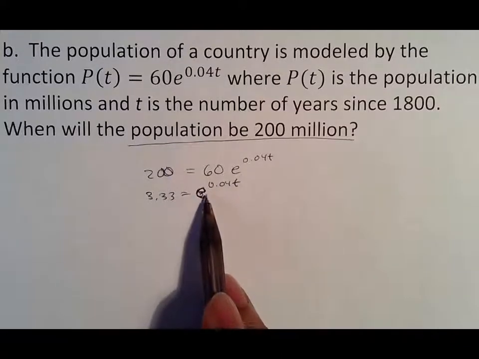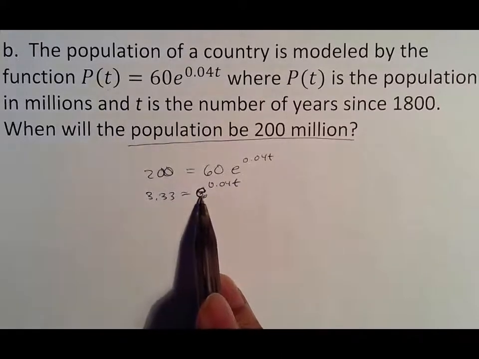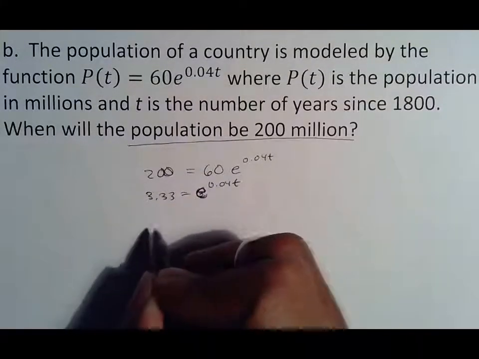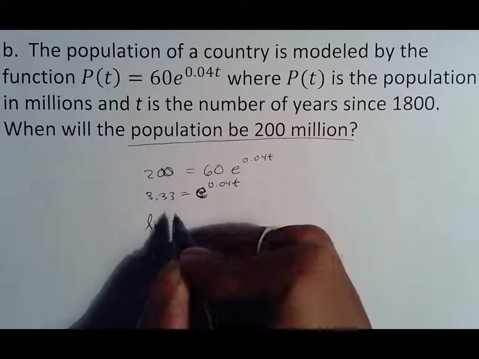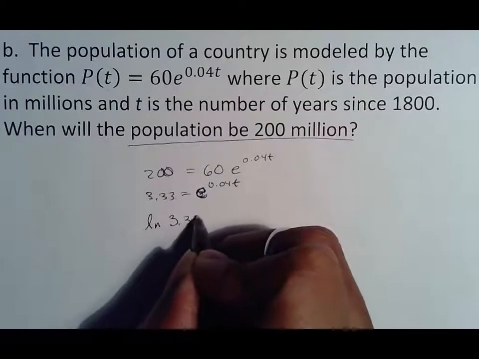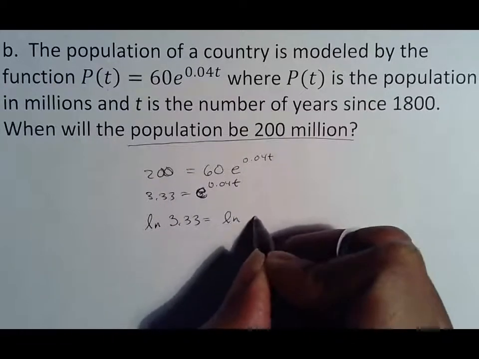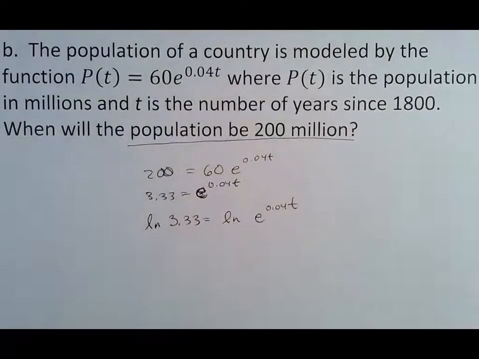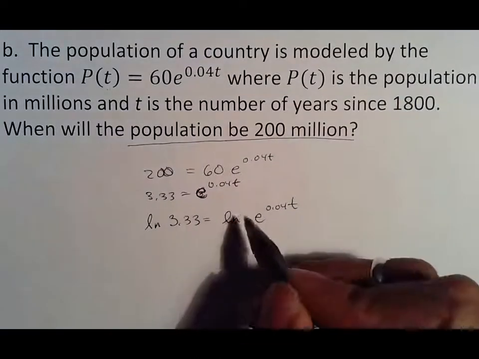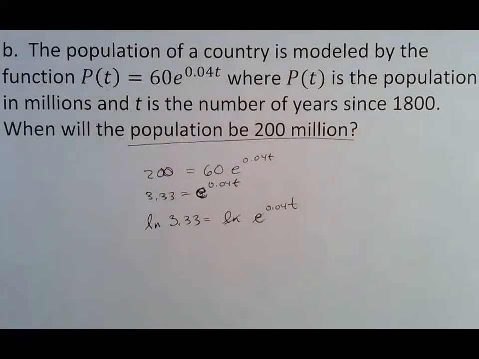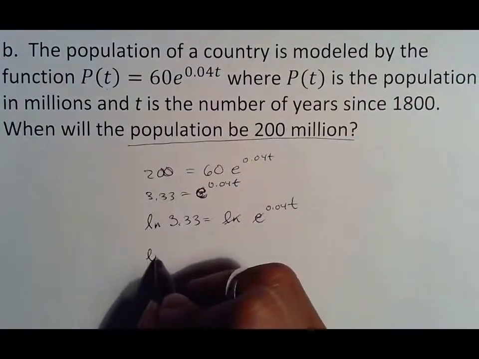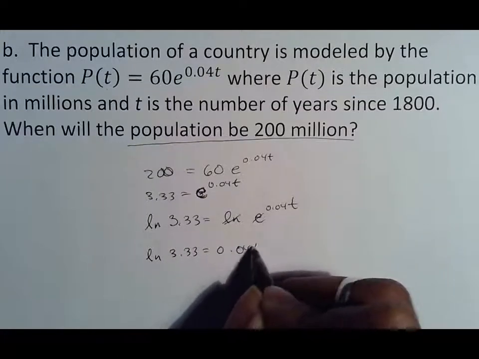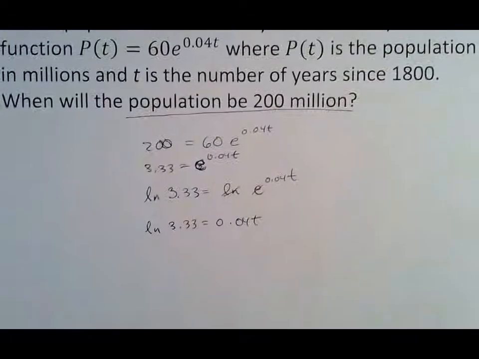So now we go back to our rule of eliminate an e by using a natural log. So what we do is, since e usually takes things up to a base, the natural log just moves on. So it'll be natural log of 3.33 equals natural log of e to the 0.04 t. And again, what happens is natural log and e both cancel, bringing down natural log of 3.33 equals 0.04 t, because again, those two things go away.